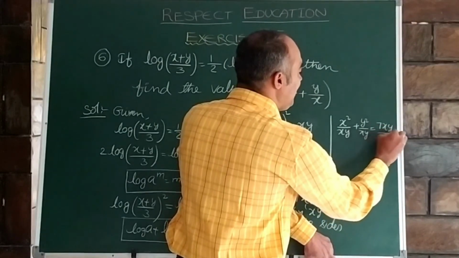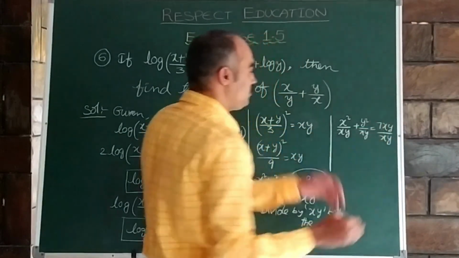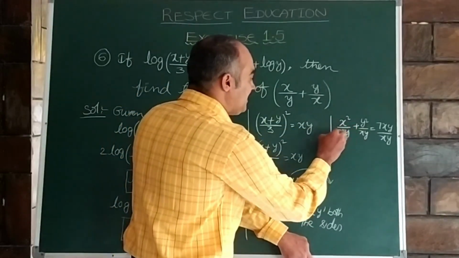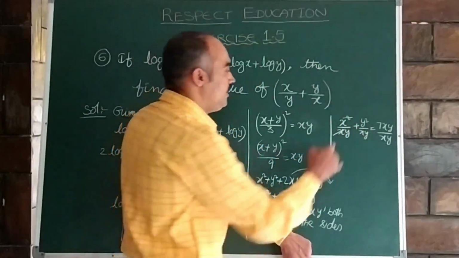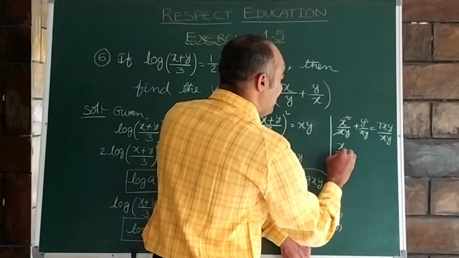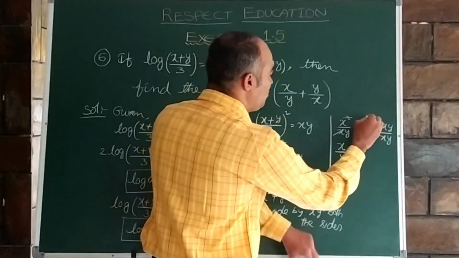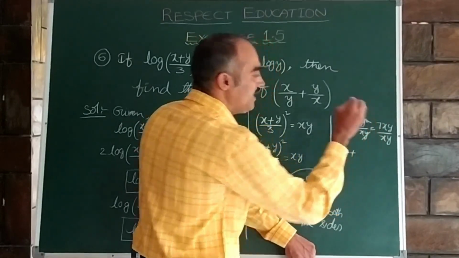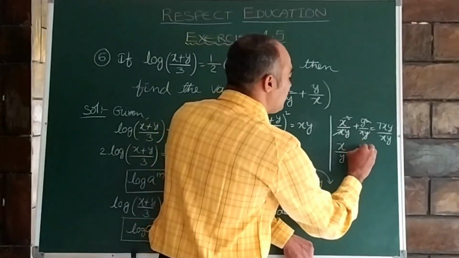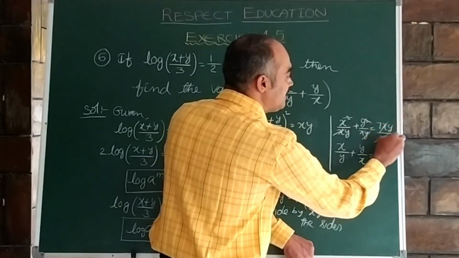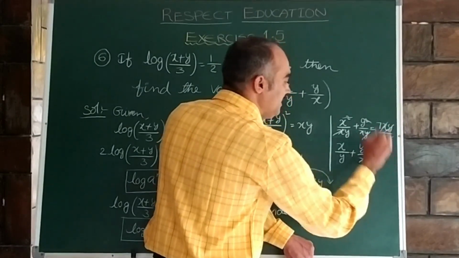As you know, children, x square is x into x. That x and this x get cancelled, so one x is left, that is x by y. Similarly y square means y into y, and one y cancels with this y, so the leftover value is y by x. On the right, xy cancels xy, and 7 is left out.